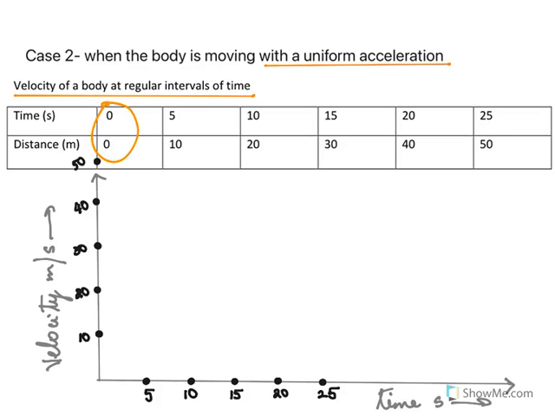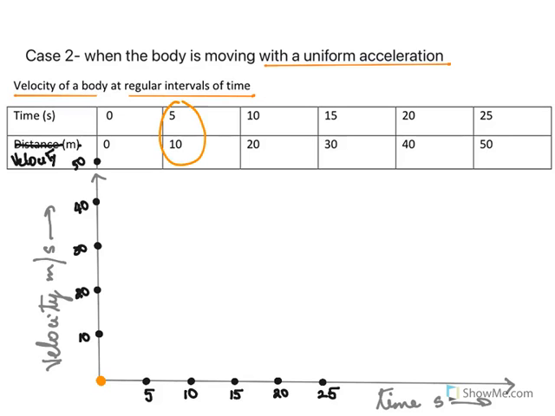In the first case, time 0, distance, it should be velocity, not distance. So we just cancel this, and this should be velocity, not distance, because we are plotting a velocity time graph. Let's go over it again. Time 0, velocity 0, and that point would be out here.